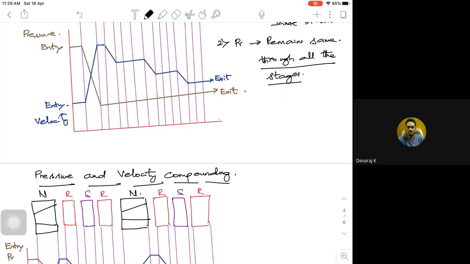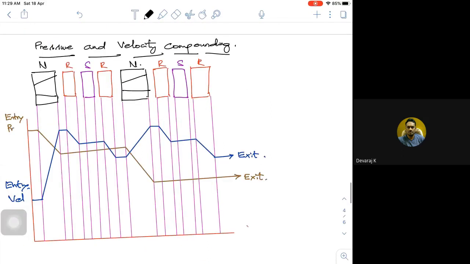But if I go for pressure velocity compounding, if I go for 3 stages of nozzle, that means in the first stage there will be a particular drop. Say for example, the steam enters at the same 350 bar. In the first stage of the nozzle, it may exit at some 270 or 280 bar, or 200 bar.